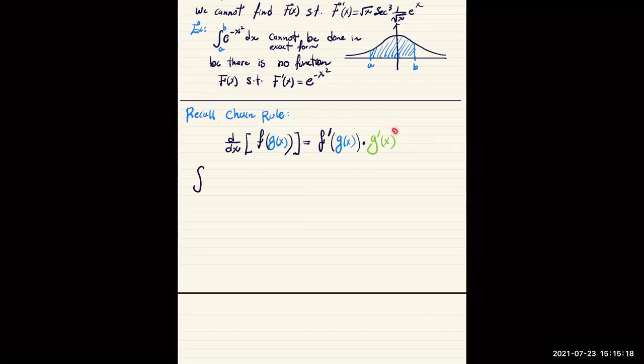Okay? Now, if you have an antiderivative that has this as the integrand, you're taking the antiderivative of this thing. So in the integrand, this is what you see: some function times some function that has an inner function.